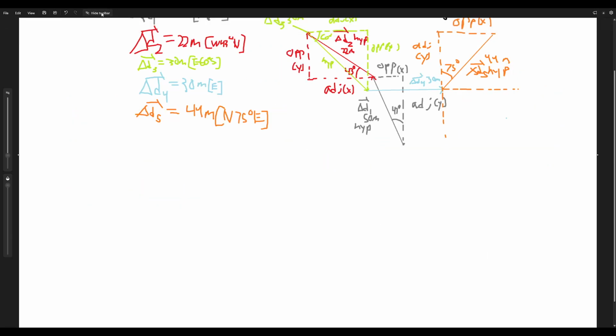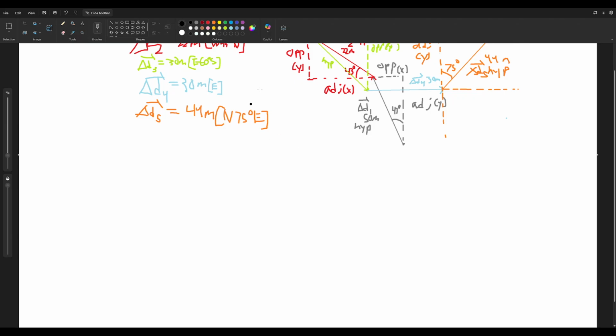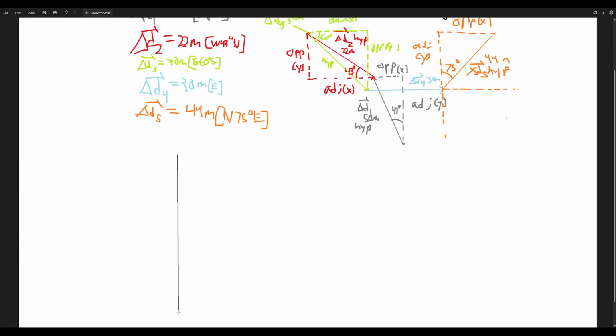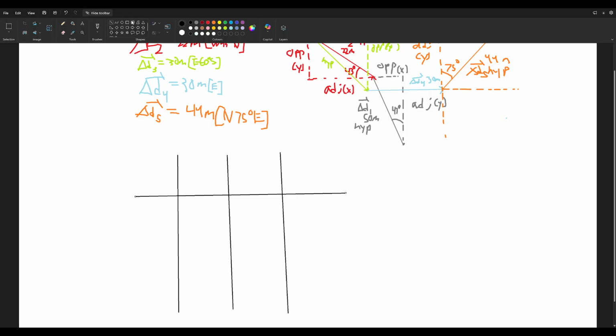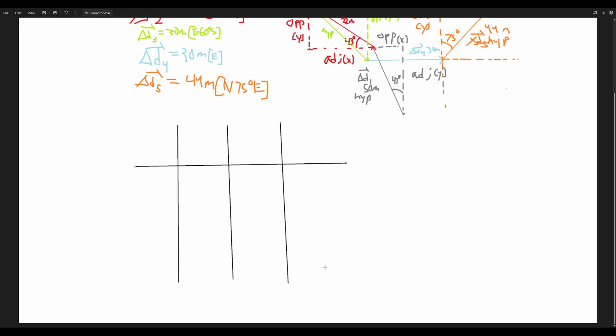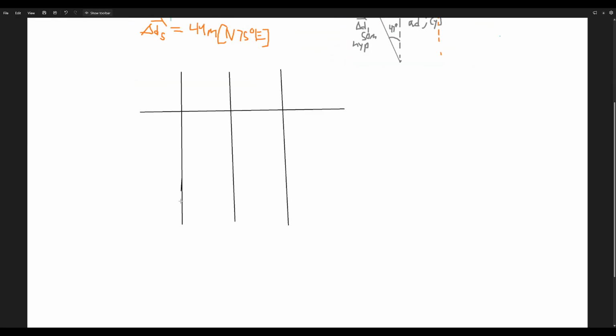Now what you're going to want to do is create a table with all the displacements, and this is how you're going to add them all up together. So this is what your table is going to look like. Obviously it's going to be much longer because we have 5 displacements.